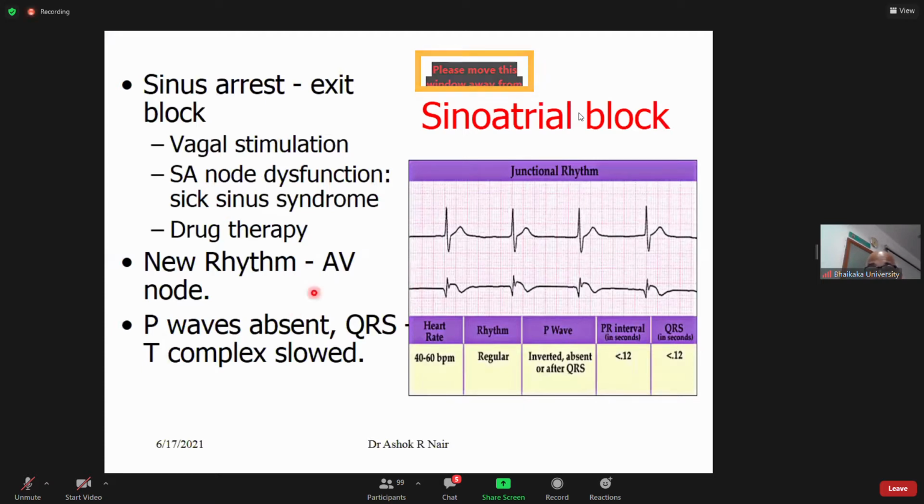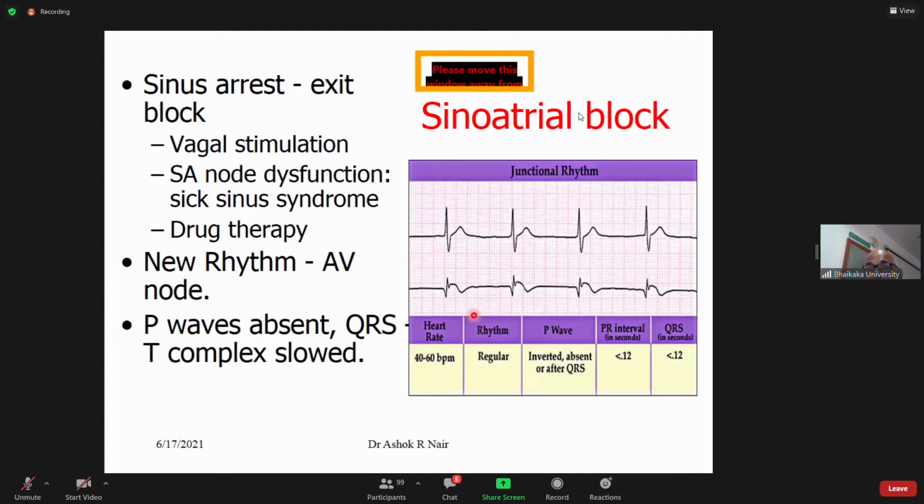Then what happens is the new rhythm of the ventricles will be due to the AV node. So you have an AV rhythm, a nodal rhythm. Here what you find is the PR interval might be shortened, the P wave might be absent, with QRS complex followed by T wave. The T wave might have inversion.